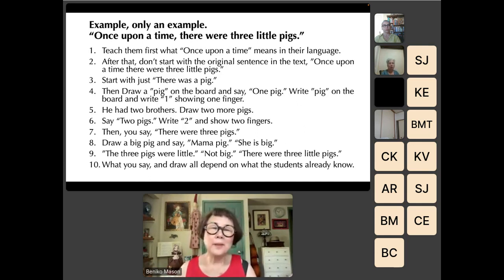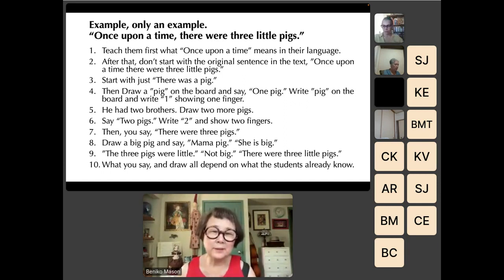And then I say, they may not understand this, but I say he had two brothers, and I'm hoping that the students will know what brother means, but I would say he had two brothers and draw two more pigs. And then I say two pigs and write two on the board and show two fingers, two.